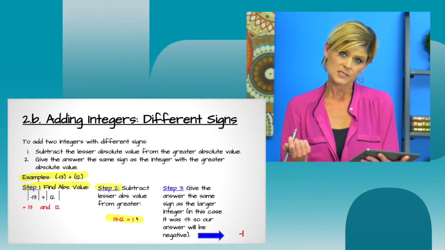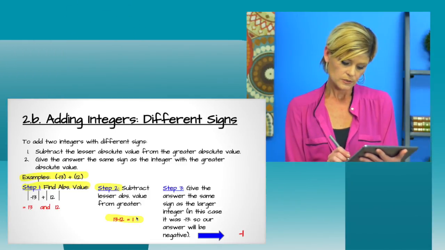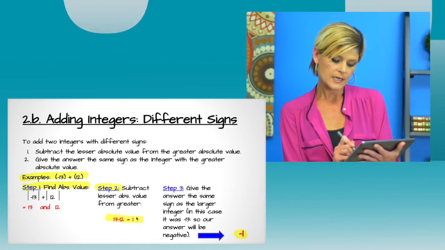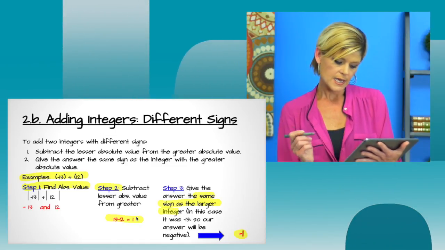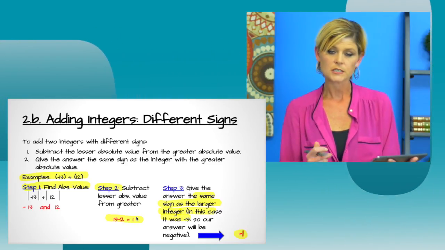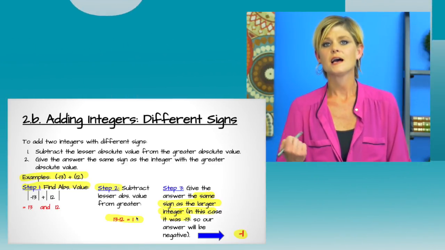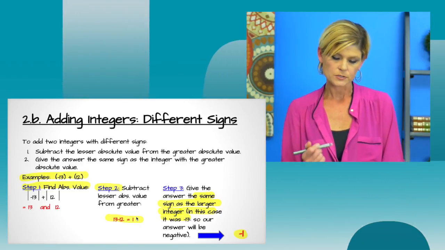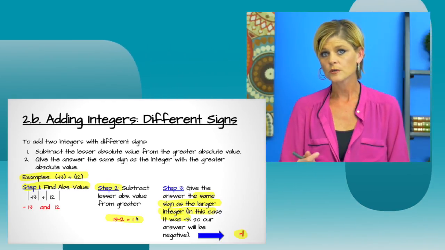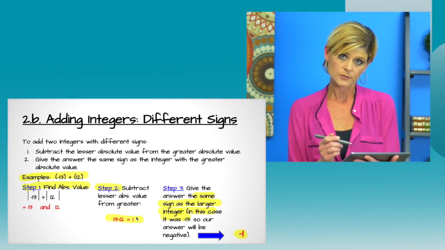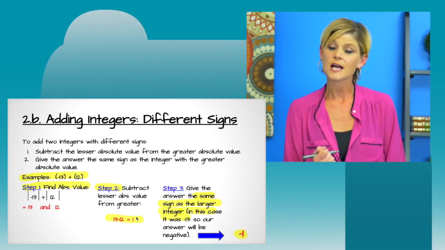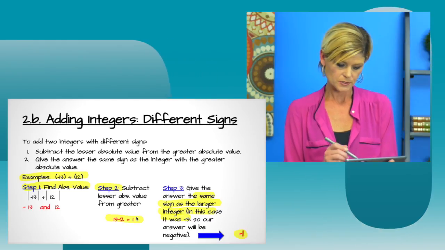Then step 3 is just to give the answer, which is 1, the same sign, and I'll highlight it here on the slide, as the larger integer. In this case, it was negative 13. So our answer has to be a negative as well. So using absolute value, basically you need to find the absolute value, subtract the number with the smaller absolute value from the greater absolute value, and then give your answer the sign of the number with the greatest absolute value.